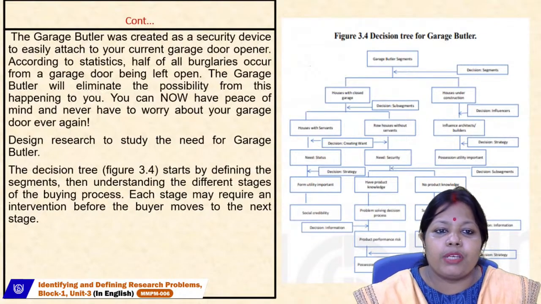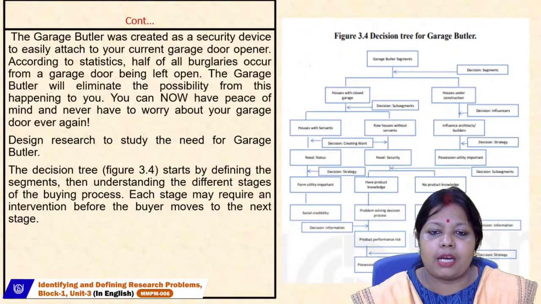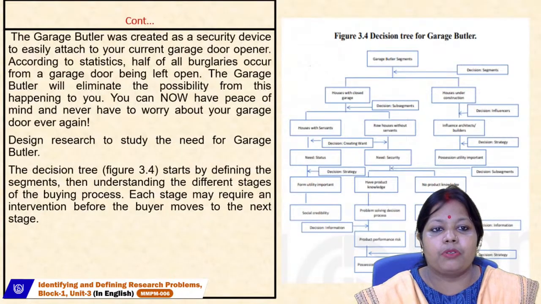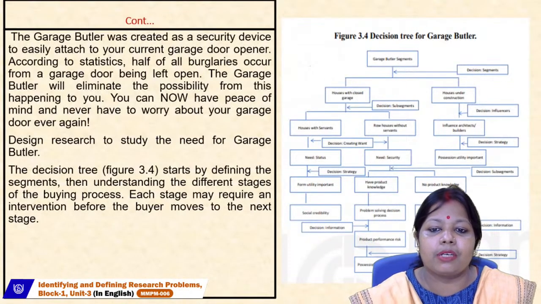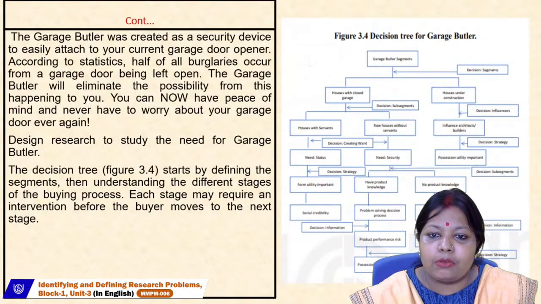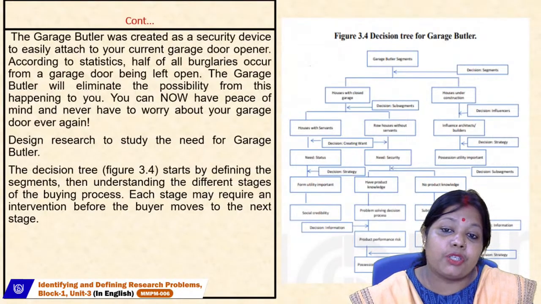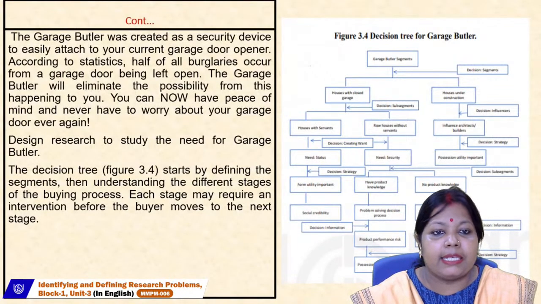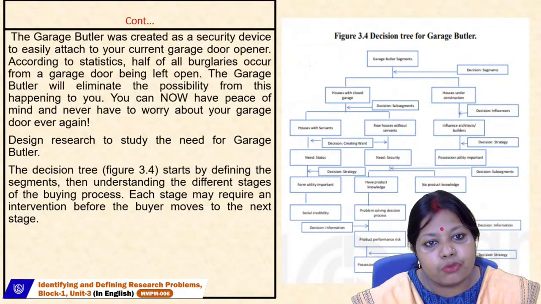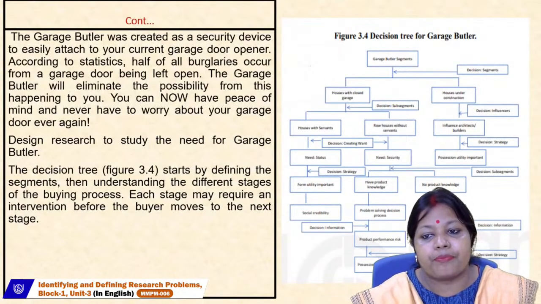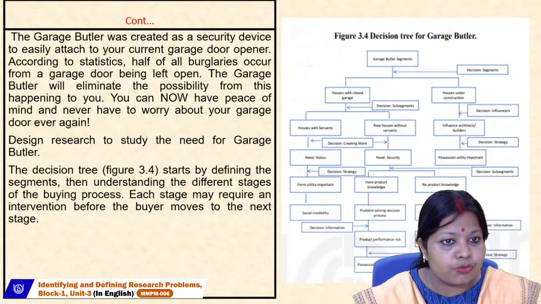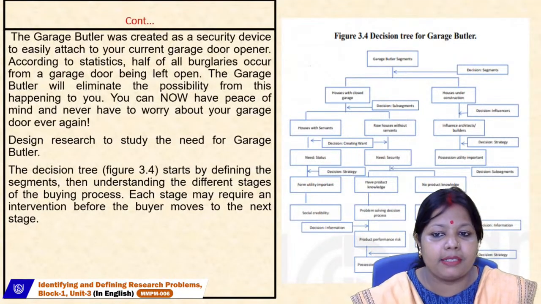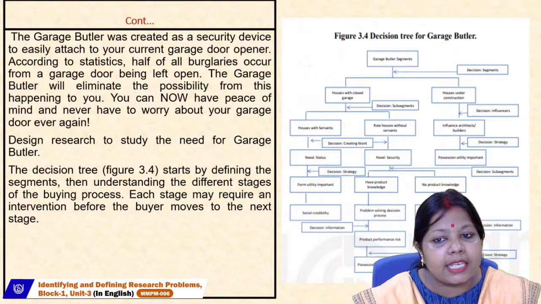So again, there are two cases: houses with servants, and houses where no servant is working. Now the house with a servant needs status. We should understand what the status is. And a house where there is no servant working needs security.